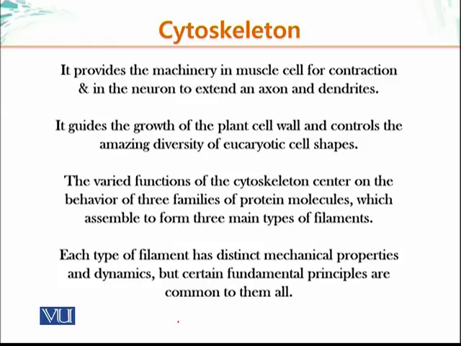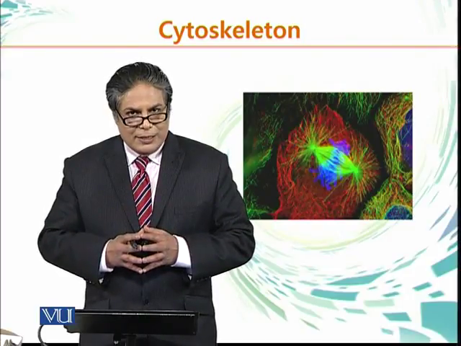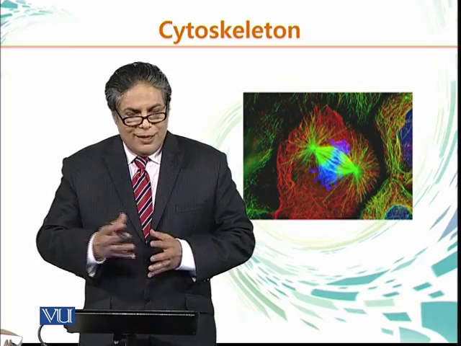The varied functions of cytoskeleton center on the behavior of three families of protein molecules, which assemble to form three main types of filaments. Each filament has distinct mechanical properties and dynamics, but certain fundamental principles are common to these cytoskeletal elements. We will talk about them more in the next module.